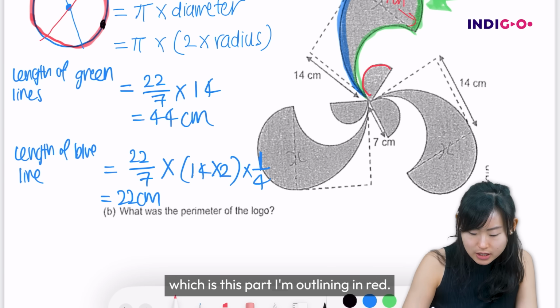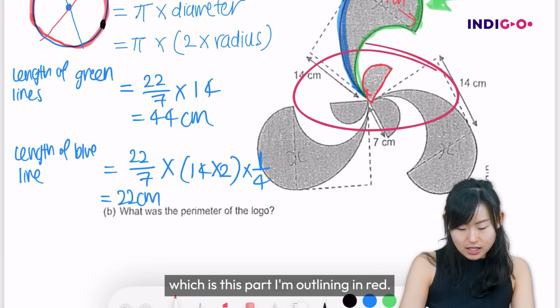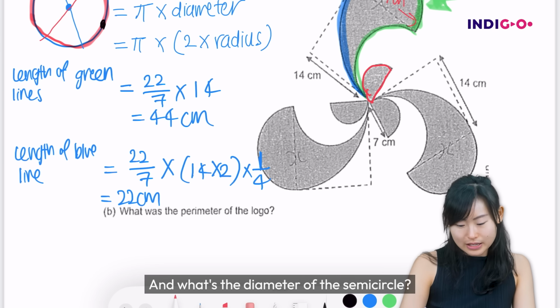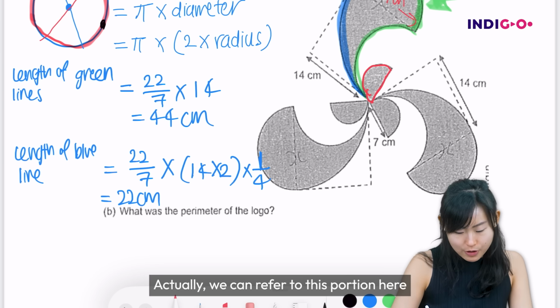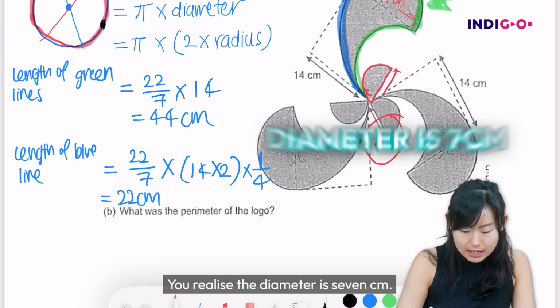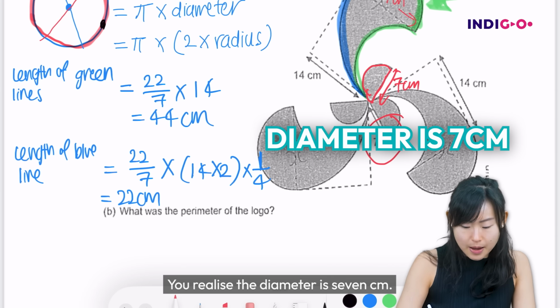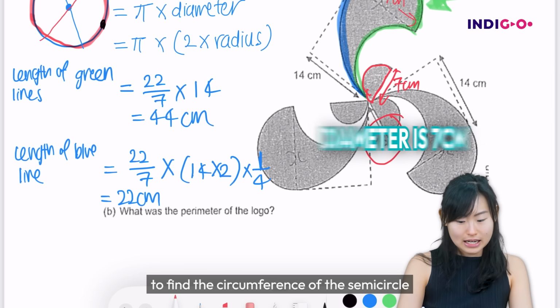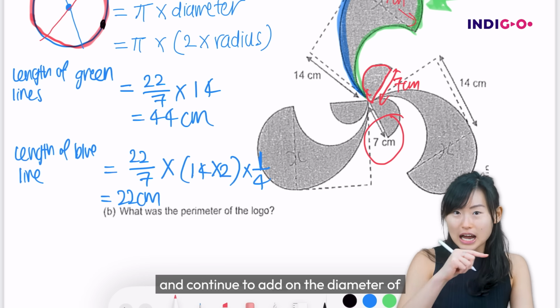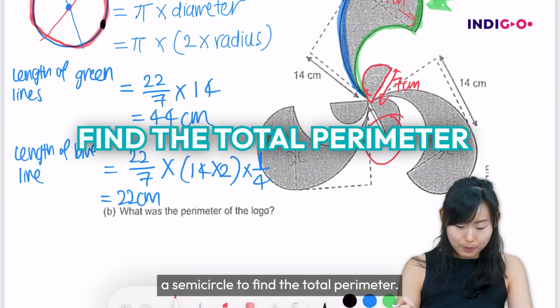Alright, now we're left with the last portion of the logo, which is this part that I'm outlining in red. You realize it's a semicircle. And what's the diameter of the semicircle? Actually, we can take reference to this portion here because they're the same semicircles. You realize the diameter is 7 cm. So I'm going to go ahead and find the circumference of this semicircle and continue to add on the diameter of the semicircle to find the total perimeter.